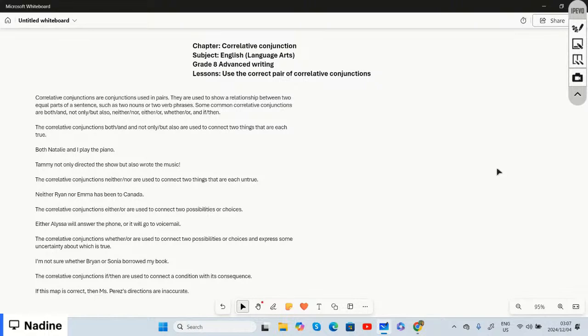That is why our lesson says we need to use the correct pair of correlative conjunctions. So it is conjunctions that are being used in pairs, and they are used to show the relationship between two equal parts of a sentence.